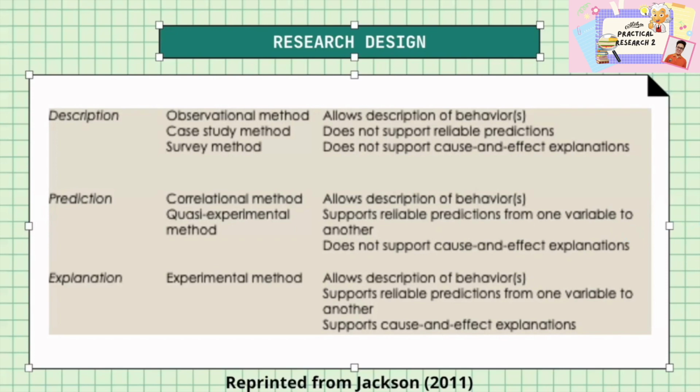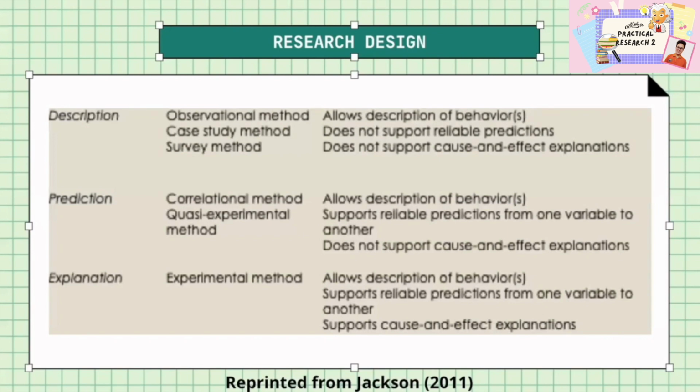All right. So what's the difference, if you may ask me, between a quasi-experimental method and an experimental method? In a quasi-experimental design, there is no control group, or the subjects are not actually randomly assigned to groups.